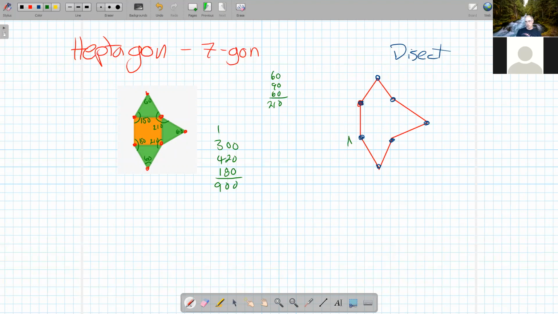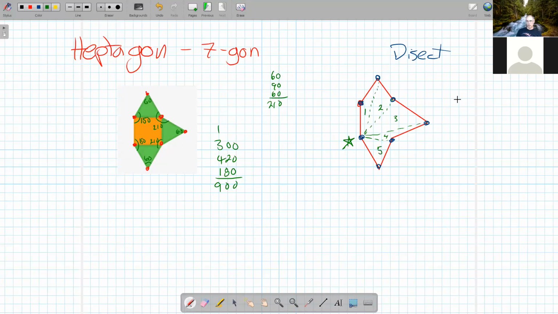So picking on this one right here, it's already connected there, but it's not connected there. It's also not connected directly here. And it's not connected directly there, nor is it directly connected over here. Okay, so that gives me 1, 2, 3, 4, 5 triangles.